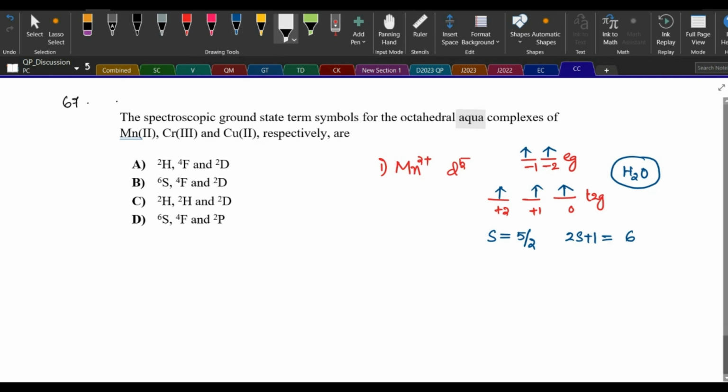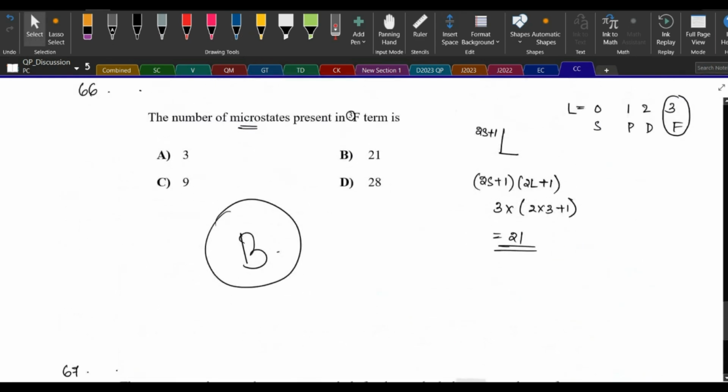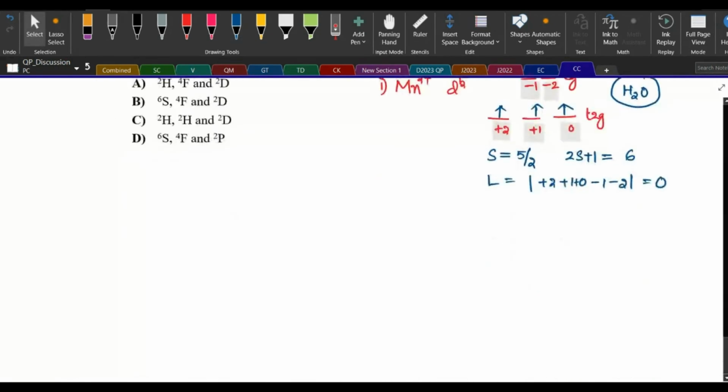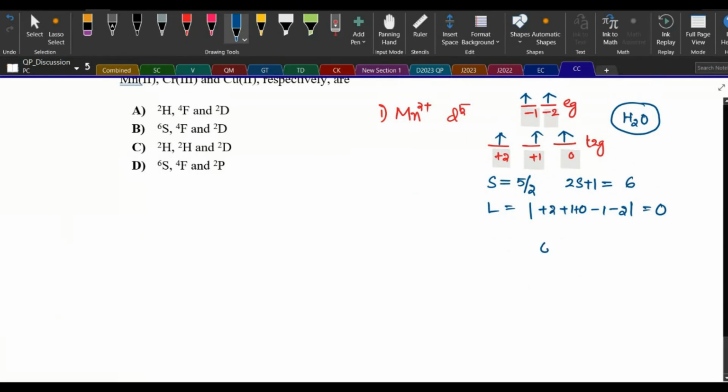L values are plus 2, plus 1, 0, minus 1, minus 2. Total L is the sum, which is 0. For L equal to 0, the alphabet used to represent it is S. So the symbol is a sextet S.